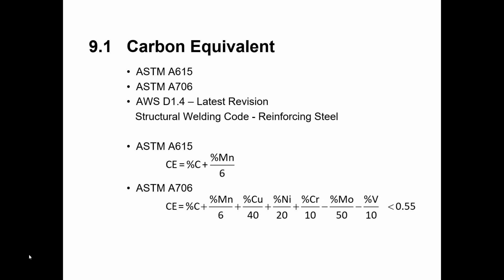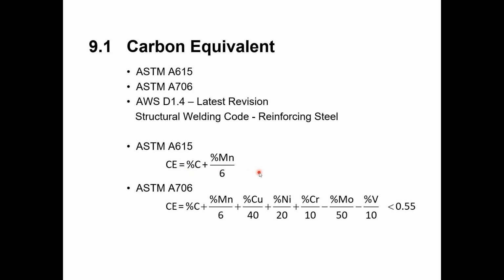But if they didn't give it to you, you could calculate it using this formula here. So you see this formula is much more complicated and much longer than the formula given here for calculating the carbon equivalent of A615 steel. It would be much more common to look at a mill cert for 615 rebar and not see the carbon equivalent given to you, but you could easily calculate it.